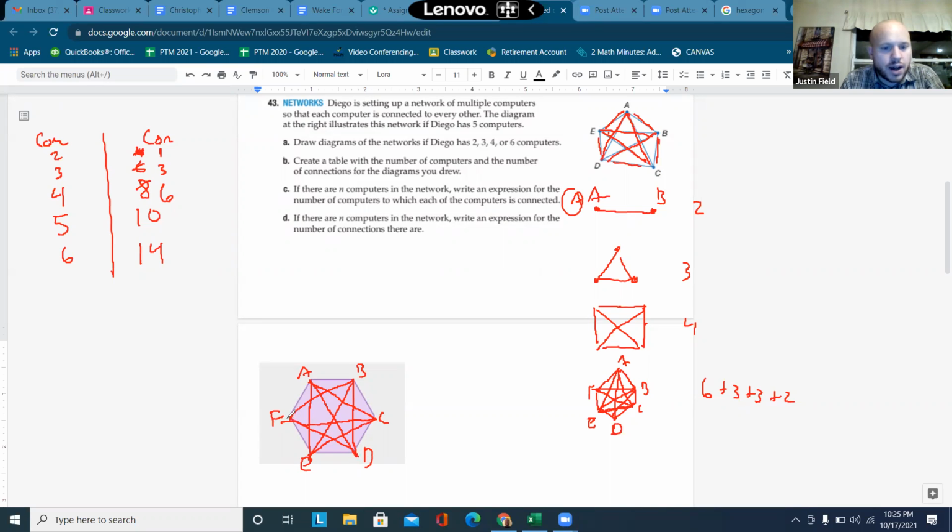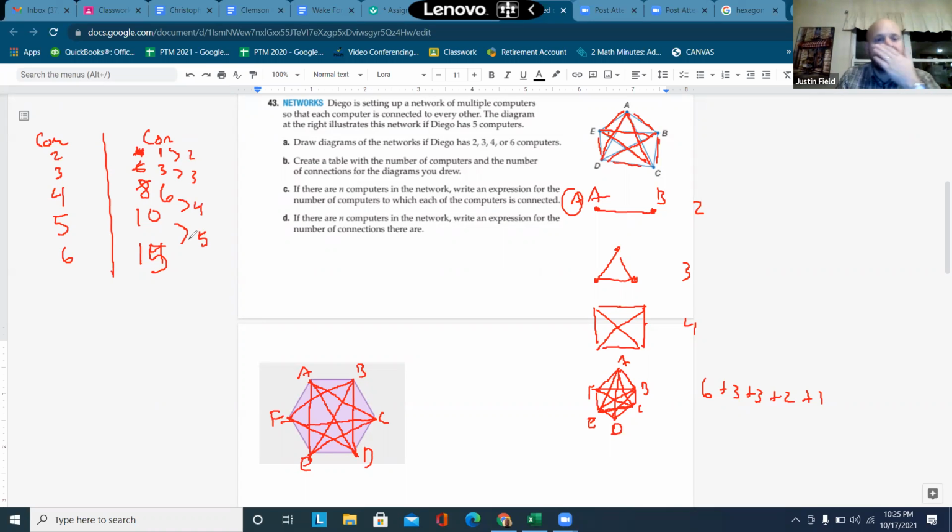Oh, 1 for F, and then E already. Did I have that? 1. And then E is already D, C, B, A, F, and then F is already connected to everything. So I was wrong. So it's 15. That was helpful. Okay, so 1, 3, 6, 10, 15. So it's going up by 2, up by 3, up by 4. Aha, up by 5.